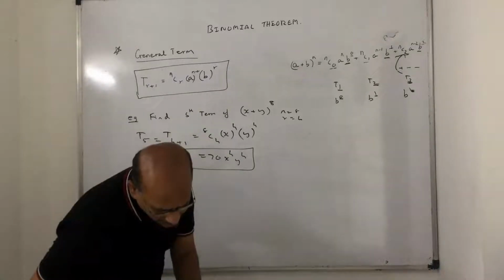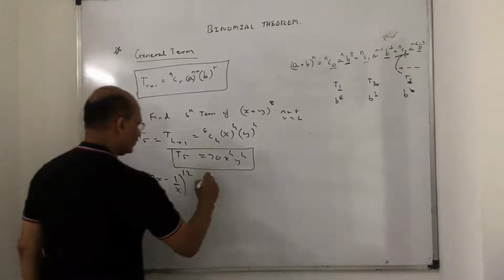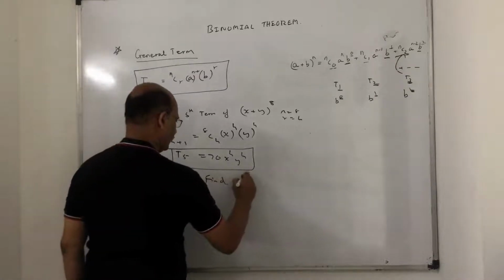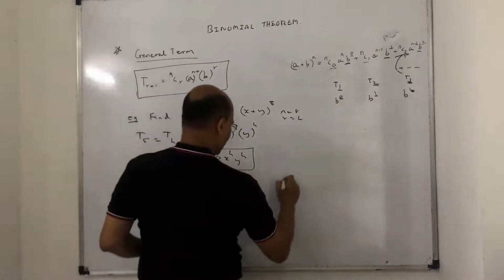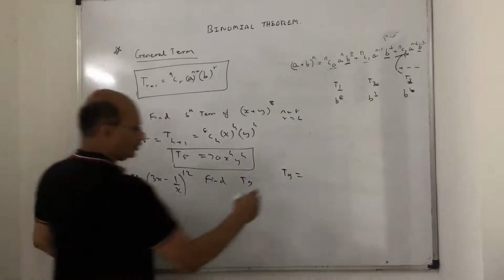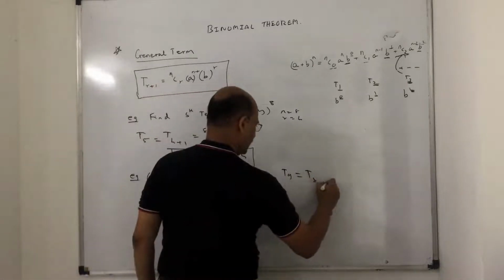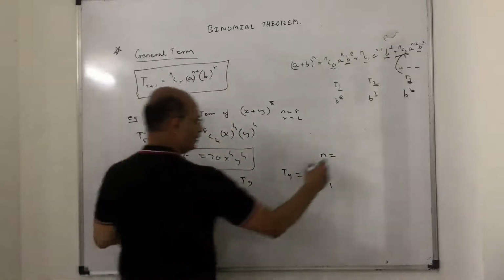3x minus 1 upon x squared, raised to 12. So I have no issue. They are asking find the ninth term. Now I have to write the ninth term in terms of r plus 1. So it will become T8 plus 1. Now identify what n is here. n is 12.